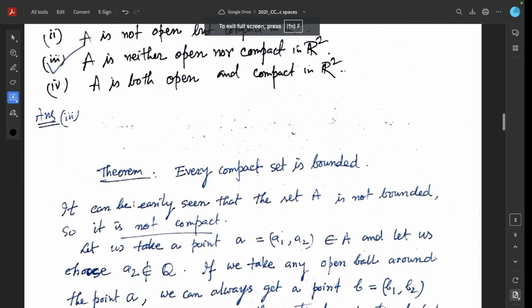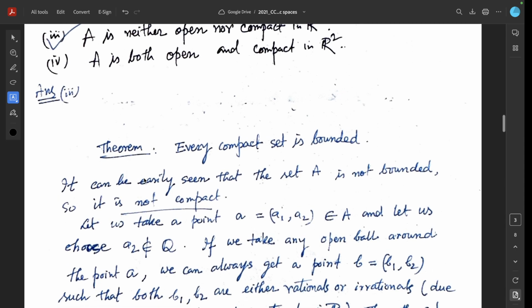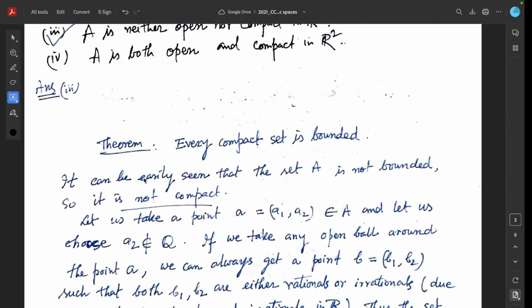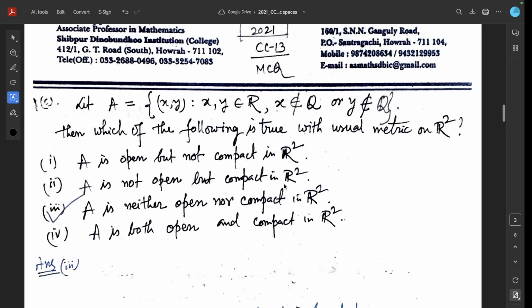Now we have the theorem: every compact set is bounded. It can be easily seen that set A is not bounded.